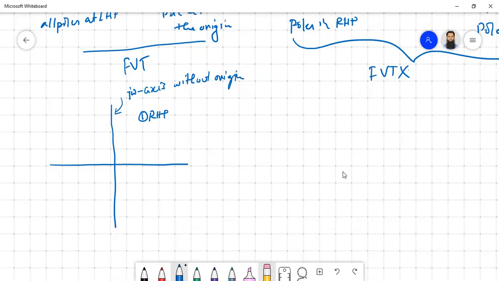We'll deal with the origin separately, so that is why we're just taking the j omega axis without the origin. This is your region 2. The third region is the left half plane, and the fourth one is the origin itself.